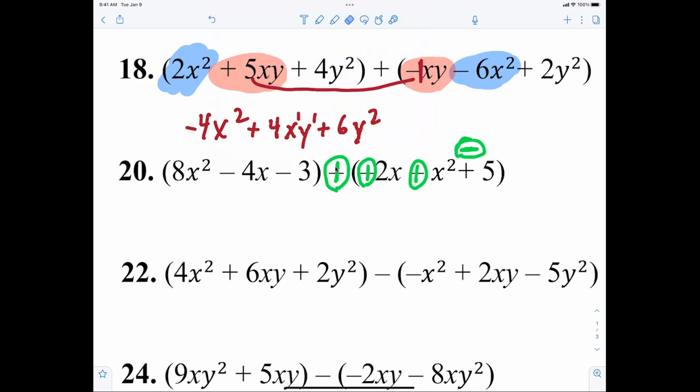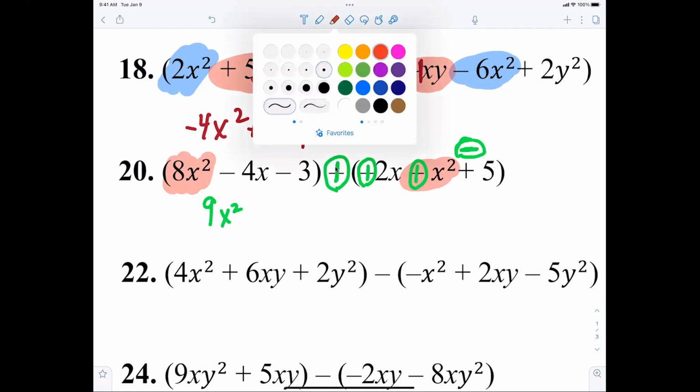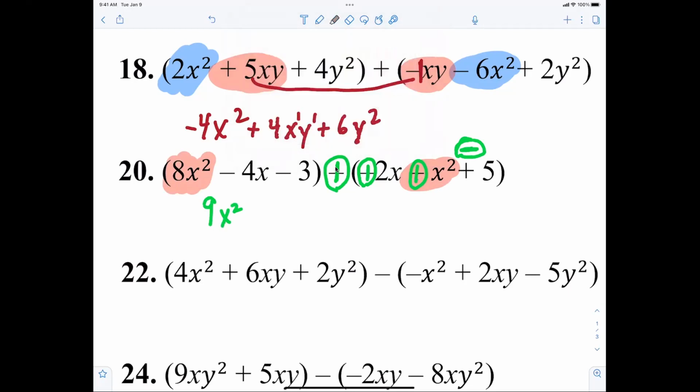So now combining terms. 8x squared combines with what? X squared. And how many do I have? 9x squared. Very nice and very easy. Now we're going to combine -4x and positive 2x, which is -2x.